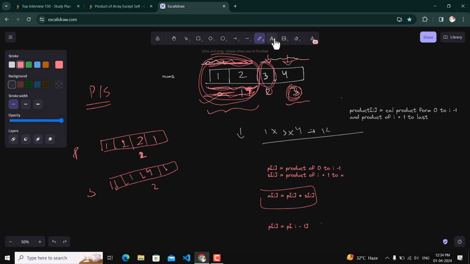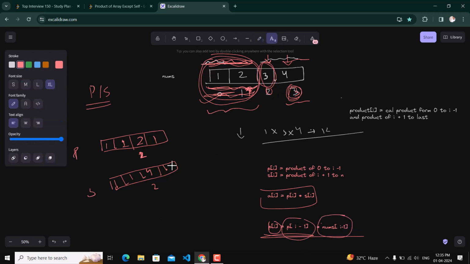The same we will write here. We will multiply by nums of I minus 1. So for calculating prefix, the prefix for a particular index is prefix of I minus 1 multiplied by nums of I minus 1.